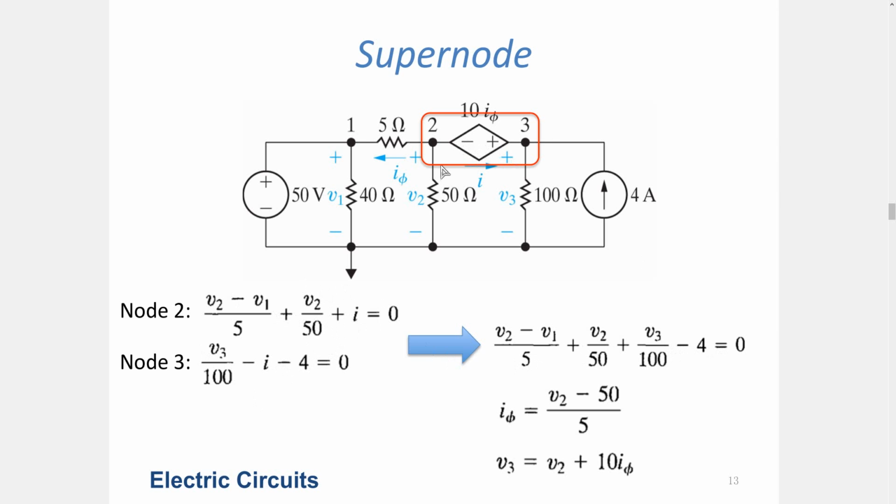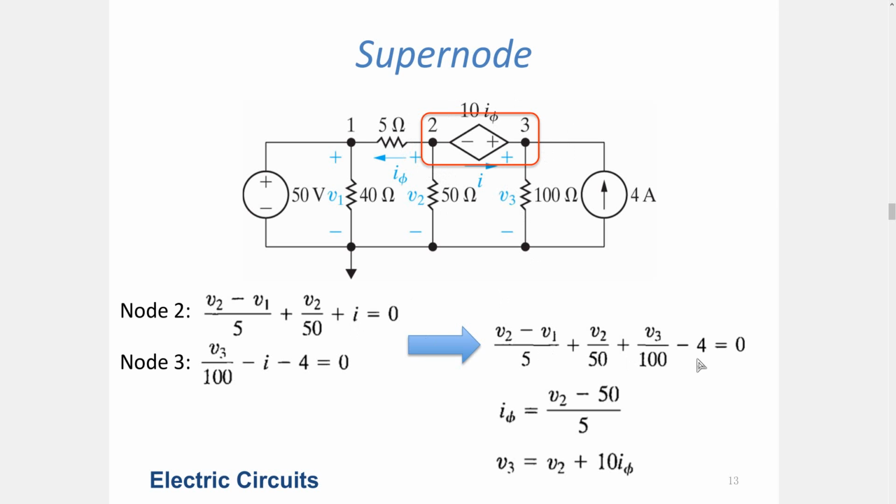Now, if we treat the whole region denoted in red as a big circuit node, the KCL at this node still holds. It requires the existence of a voltage source between two nodes, nothing else. As you can see, we have a voltage source here between two nodes. So if I add the currents that are leaving and entering the nodes, they should be equal to 0.